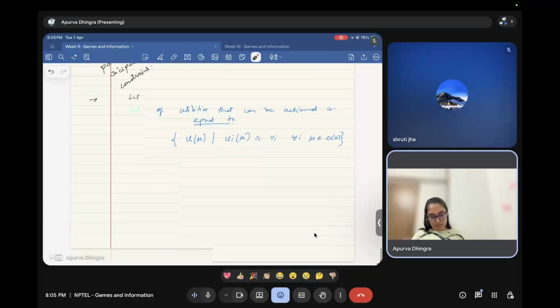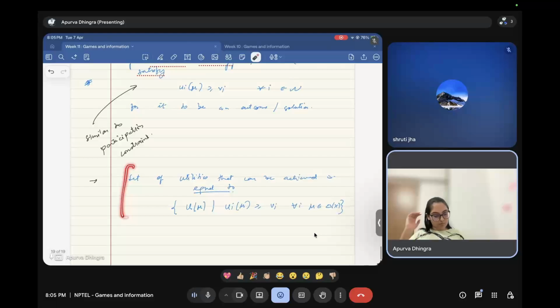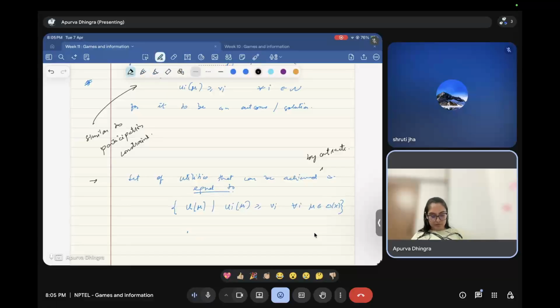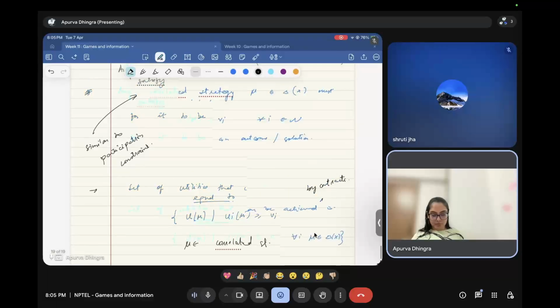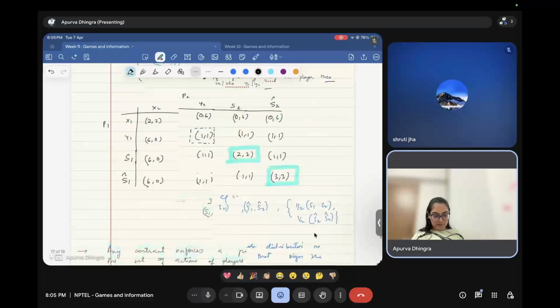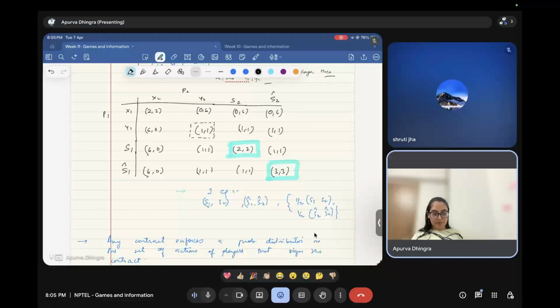And this was the last statement made, that the set of utilities that can be achieved by contracts is exactly this, where these mu's are correlated strategies. Notice what we had here. This object is an example of a correlated strategy.